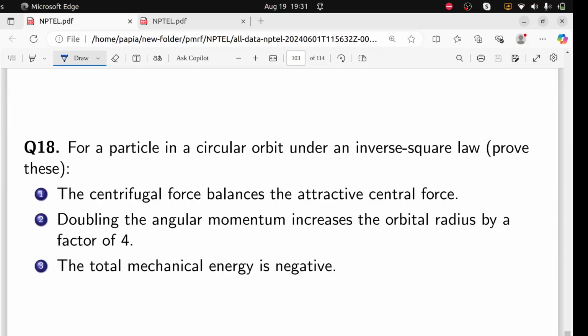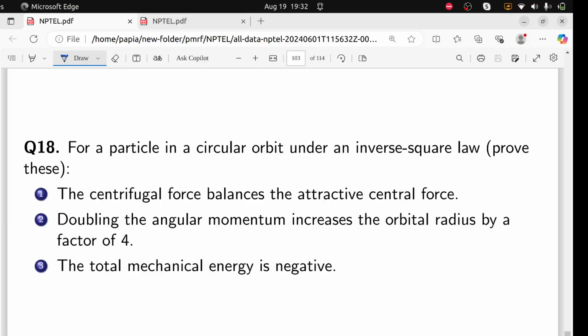Now coming to the next question. For a particle in a circular orbit under an inverse square law, the centrifugal force balances the attractive central force.